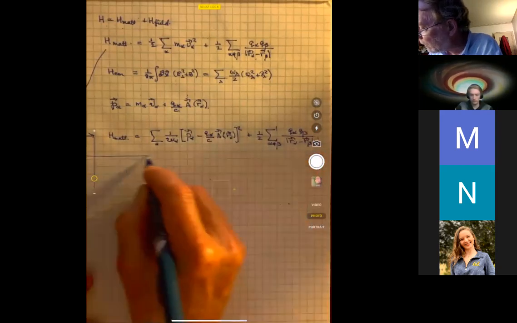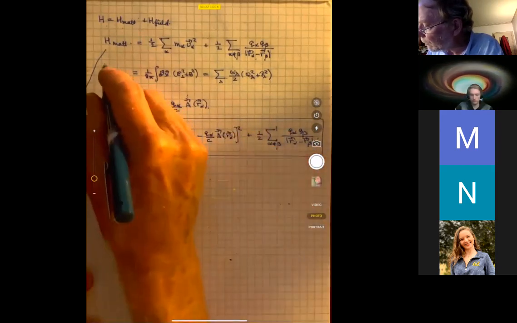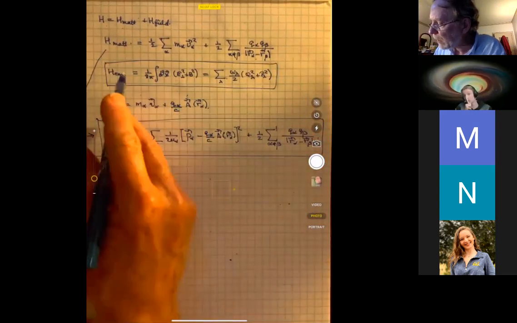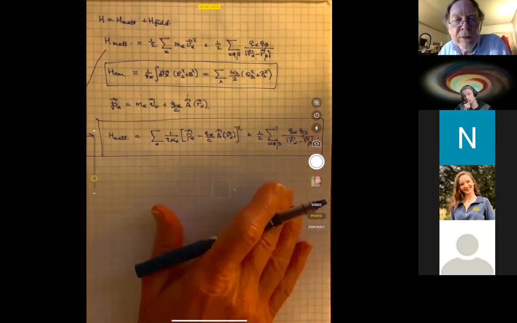And if we do this, we now have the matter Hamiltonian, which I'll box off here, and the electromagnetic field Hamiltonian, which I'll box off there. These are the two terms which when added together give us the total Hamiltonian, now expressed purely in terms of Q's and P's.